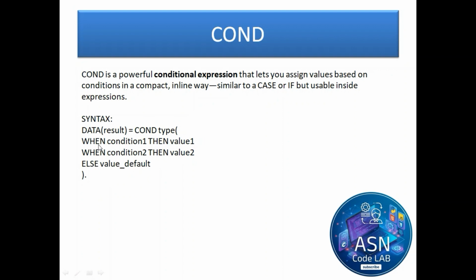Same way here: WHEN condition 1 THEN value 1, WHEN condition 2 THEN value 2, ELSE our default value. So quickly change to editor mode, and we'll see how the first IF condition works, and then how the COND expression works. We'll see both together.